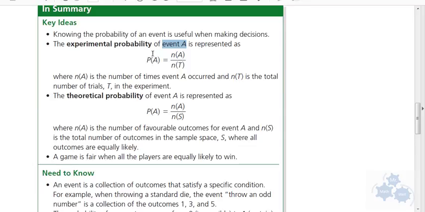And the probability of event A in experimental is the number of times that A happens divided by the number of times that T would happen, and that's the total number of trials. So the number of times A shows up divided by the total number of trials in the experiment.